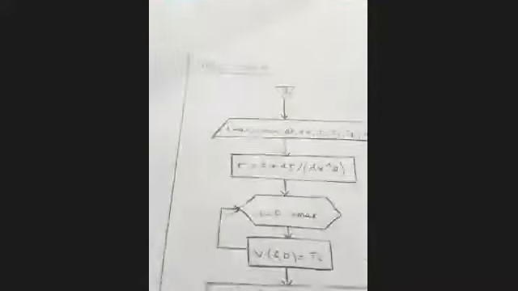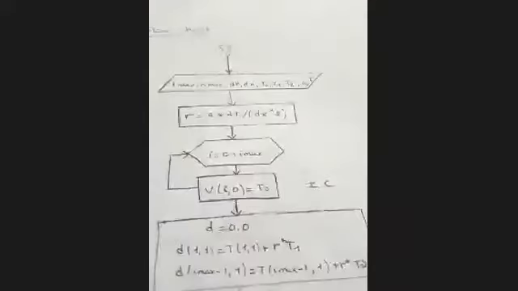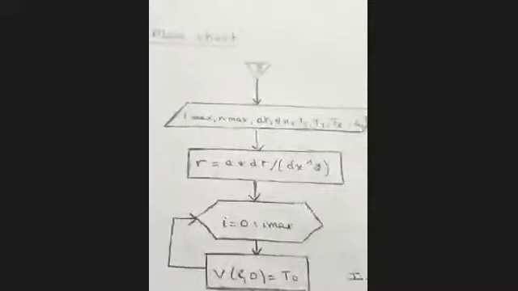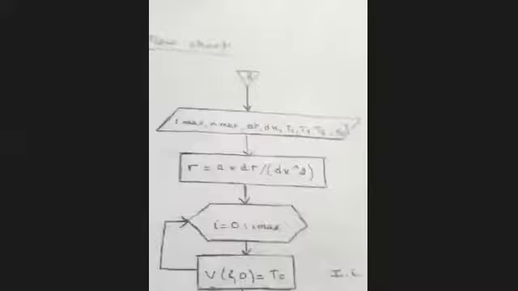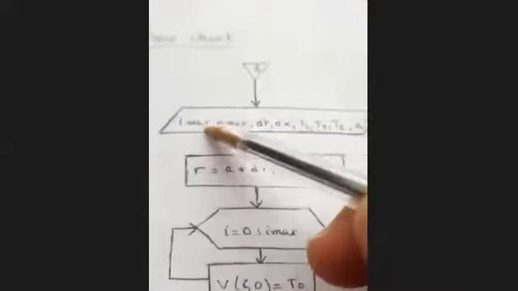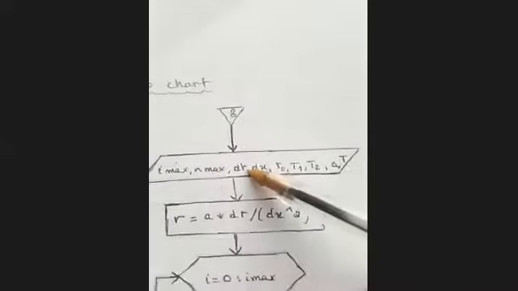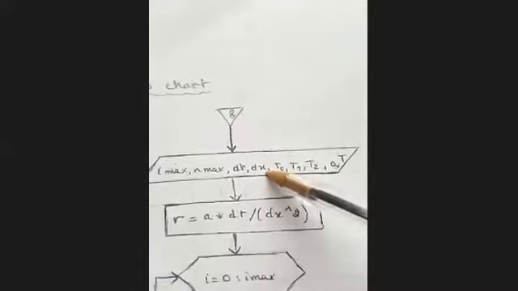And then for a flow chart for the implicit method, we start with begin. Then we define I max, n max, the step of time dt, step of x dx.